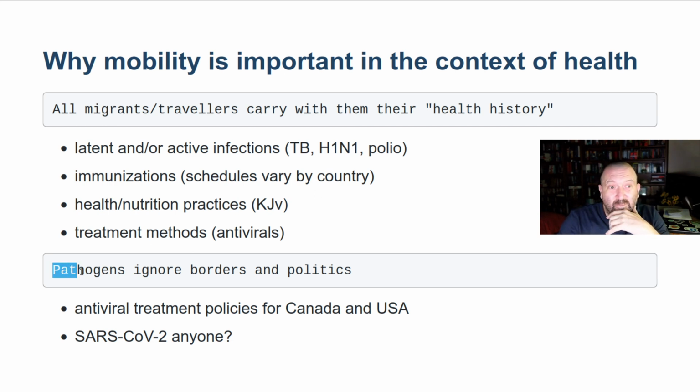And what's really important as well is to remember that pathogens don't care about borders and they don't care about politics. As was amply shown by SARS-CoV-2, a lot of countries closed their borders in some way. They tried to hinder movement and so on, but SARS-CoV-2 still essentially made it. I'll talk about this a little later.